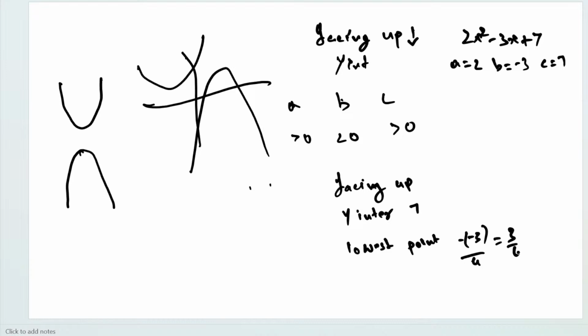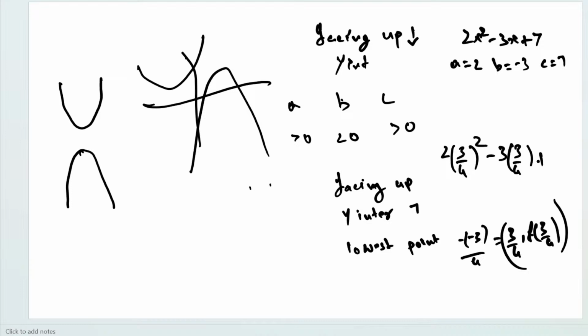That is 3 by 4. And f of 3 by 4 is our lowest point. And what is f of 3 by 4? Is it positive or negative? Sir, it's positive. 2 into 3 by 4 square minus 3 into 3 by 4 plus 7. This is again positive, right.